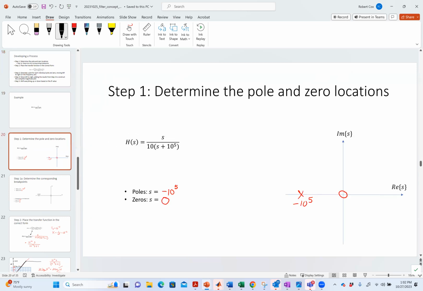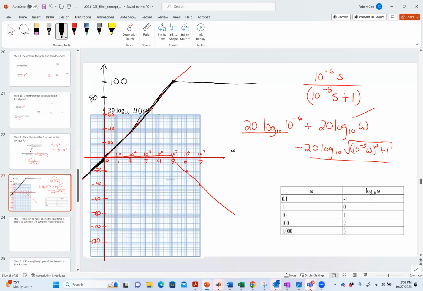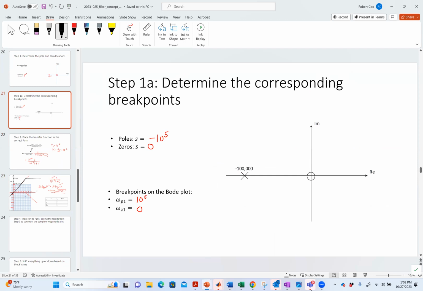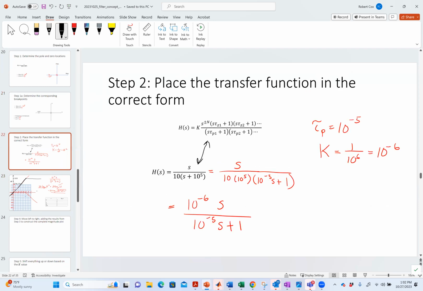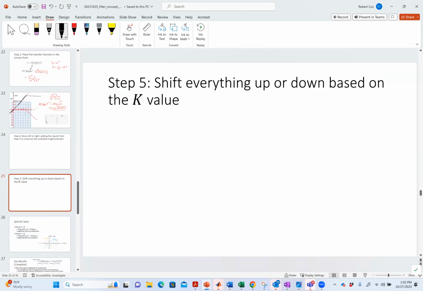All right, so let's look back at what I did here. For the K value, what is the K value? The K value is 10 to the negative 6. So what that turned into is 20 times the log base 10 of 10 to the negative 6.